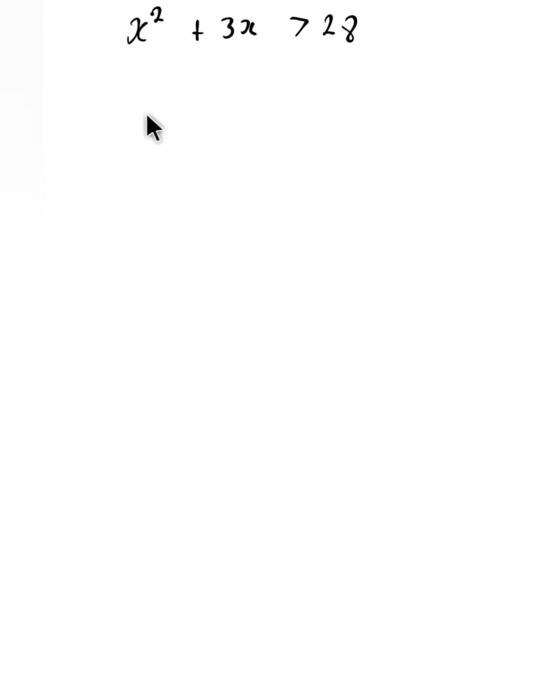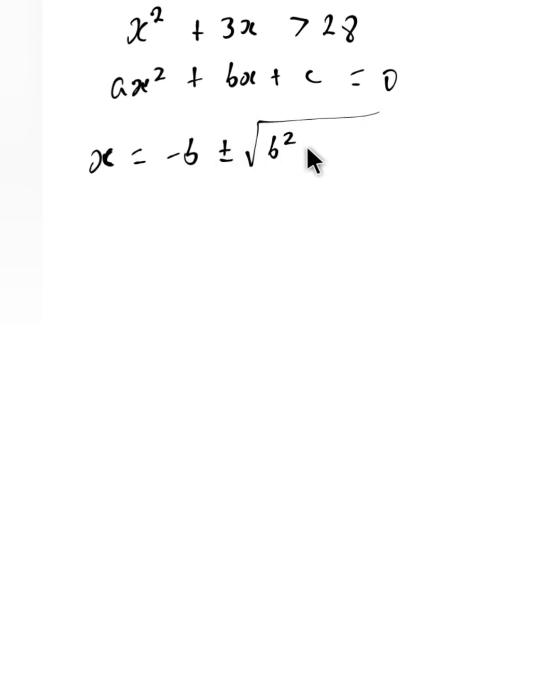Now, the quadratic equation has the form ax squared plus bx plus c is equal to 0. And when this is true, then x, which is the root, is equal to minus b plus or minus the square root of b squared minus 4ac, all over 2a.